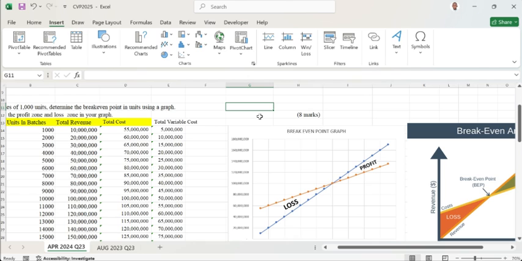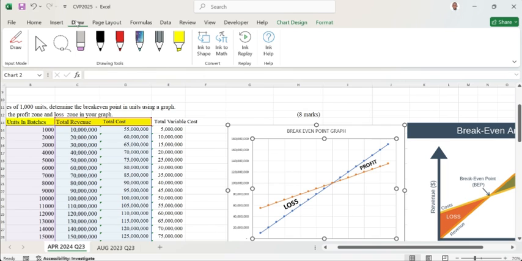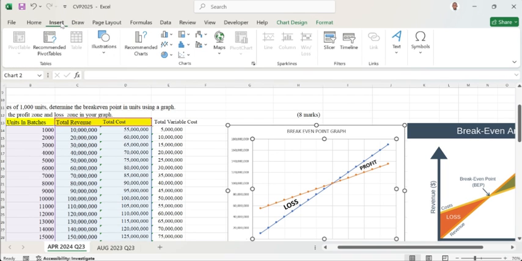I put it there, I bold it, I increase the font like that, and I'm done.